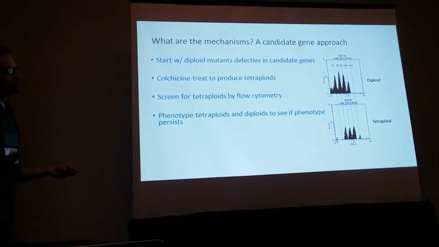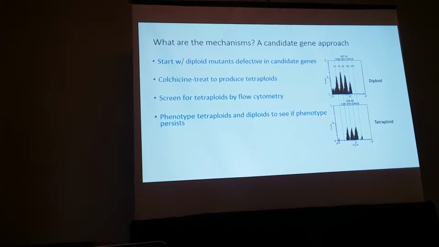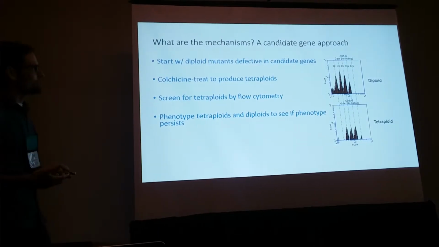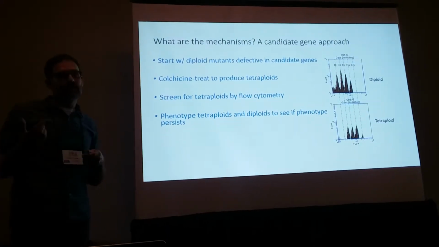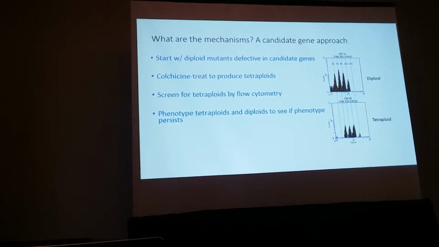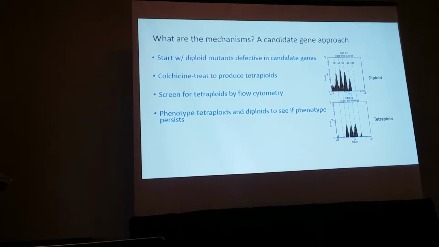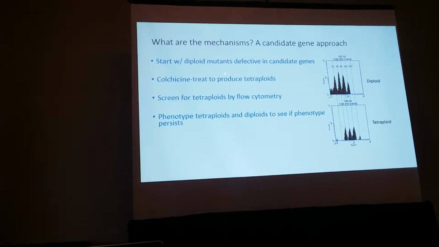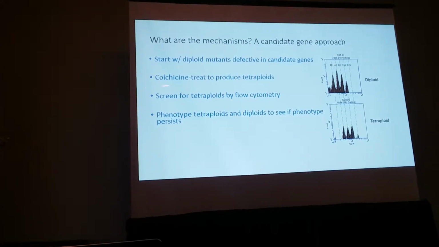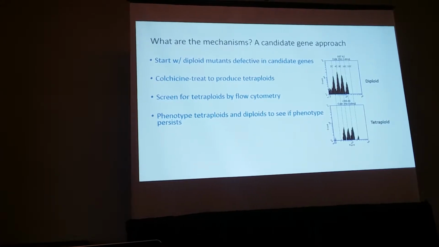So what are the mechanisms for this polyploid-induced salt tolerance? We're taking a candidate gene approach in which we are starting with diploid mutants of Arabidopsis. So they're mutant for genes known to play roles in salt tolerance. We order knockout mutants from a stock center and then treat them with colchicine to produce synthetic polyploids.